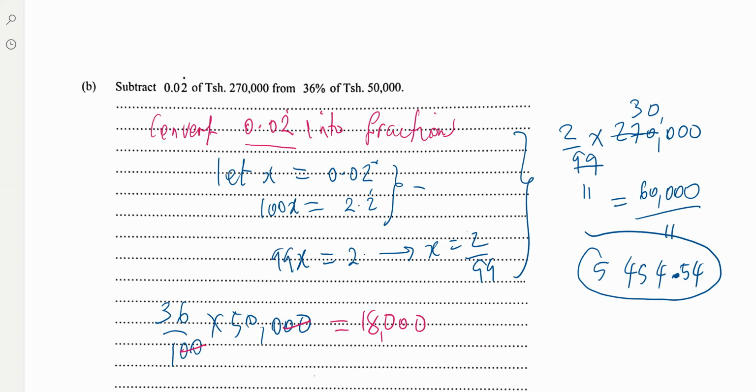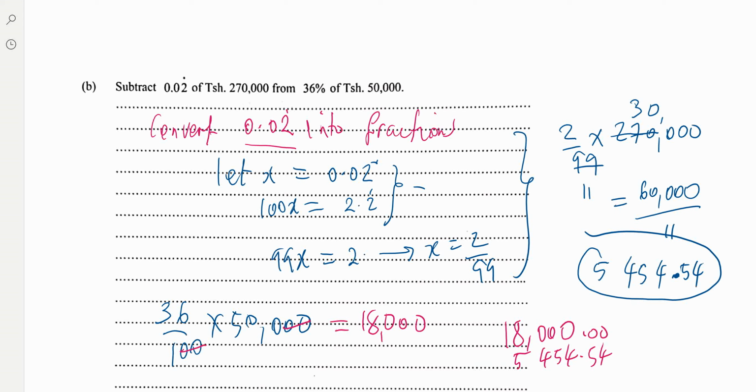So we are going to take now 18,000, subtract actually 5,454.54, subtracting 18,000 minus 5,454.54.